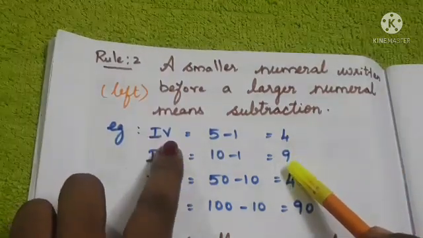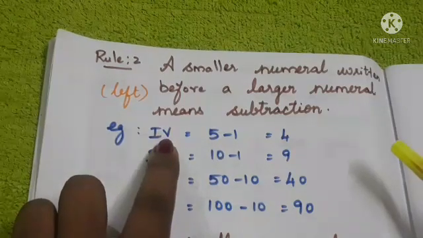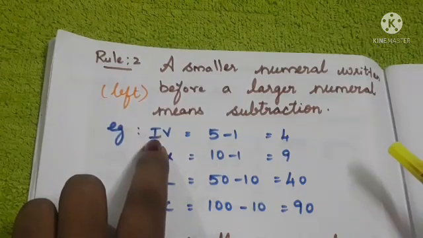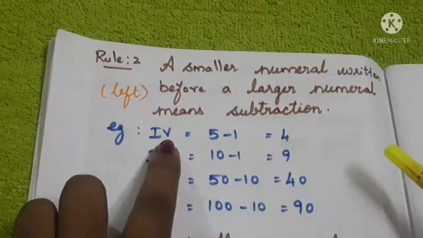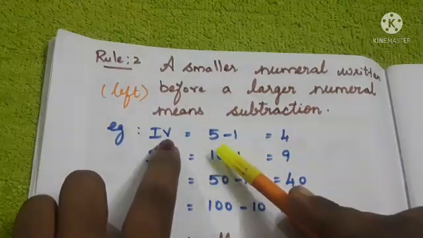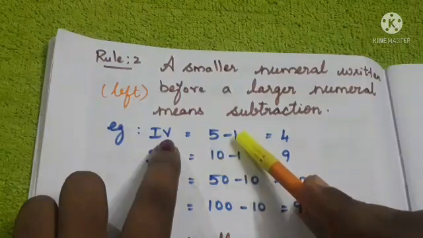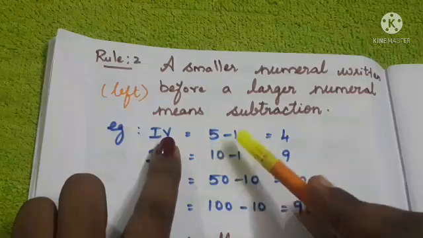IV. So here V is the larger numeral. So left side of the larger numeral only we have the smaller numeral, that is I, isn't it? So here what we have to do means first we have to write the larger value. Always when you subtract we subtract the smaller number from the bigger number, no?